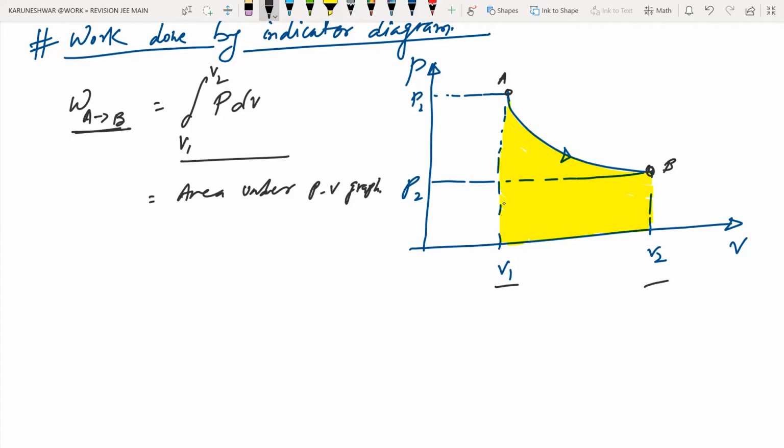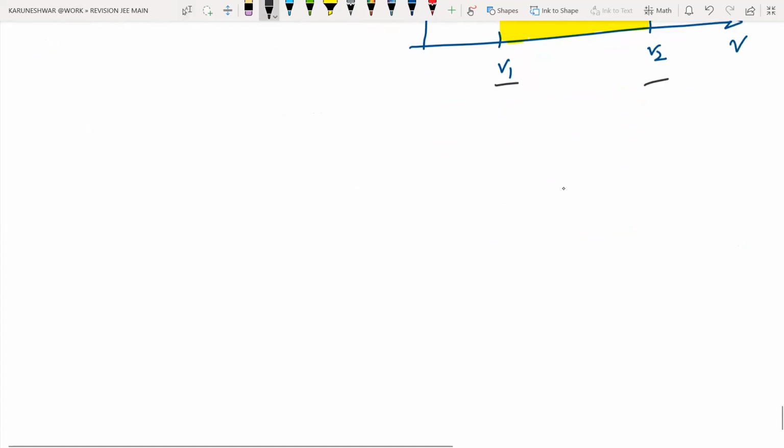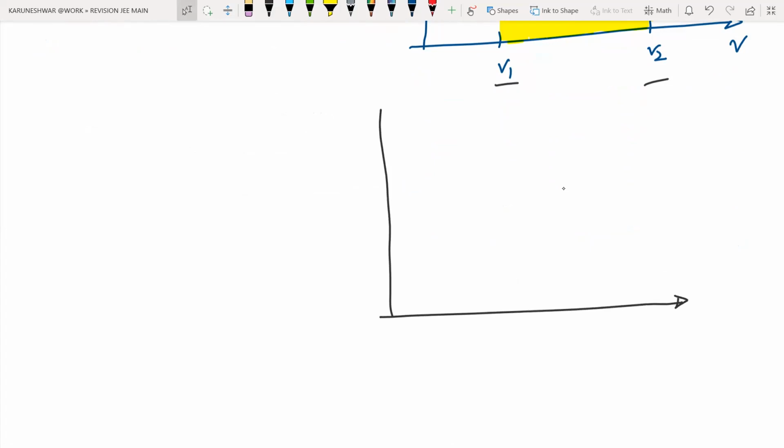Likewise, you need to remember that if pressure is given on the x-axis and volume on the y-axis, then what to do? This could be the possibility, that pressure is given on the x-axis and volume on the y-axis. Then also you will do the same.